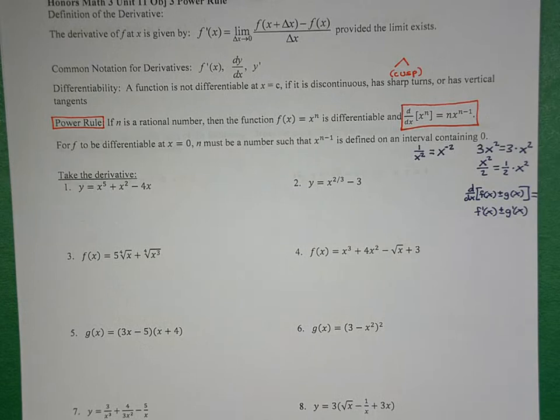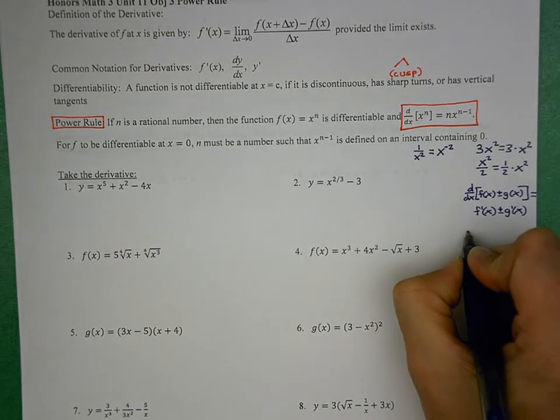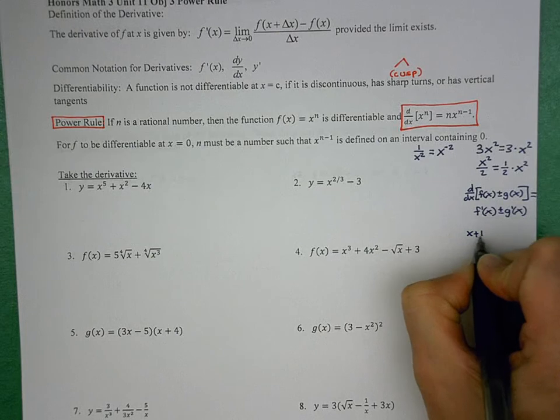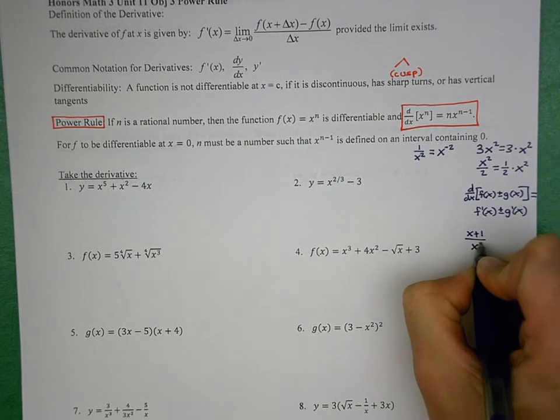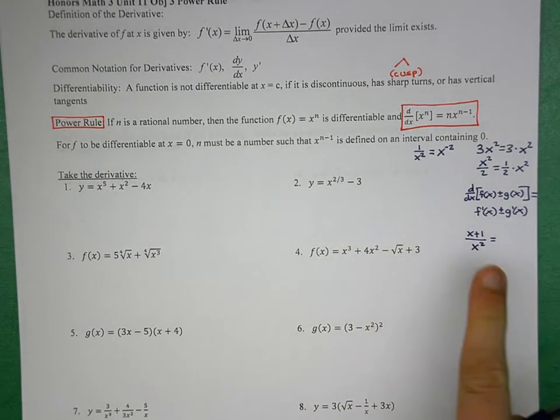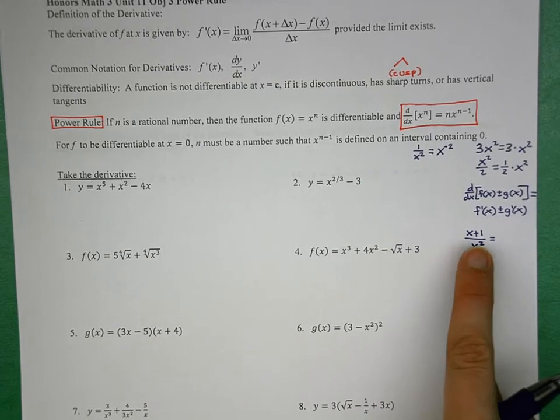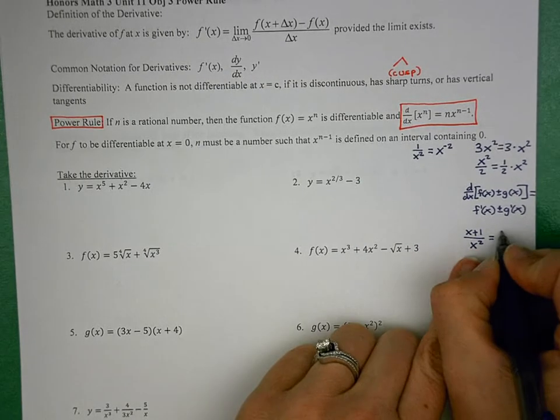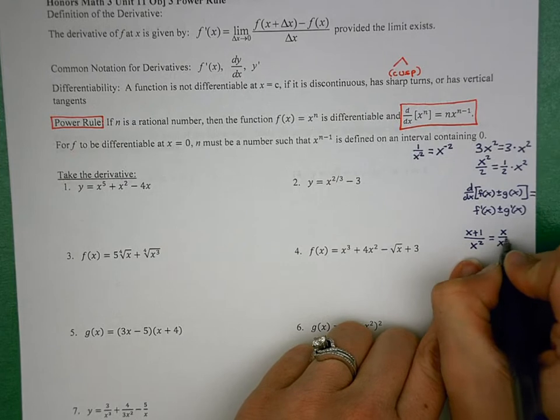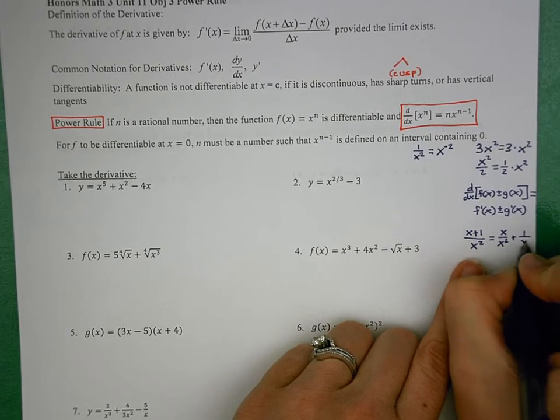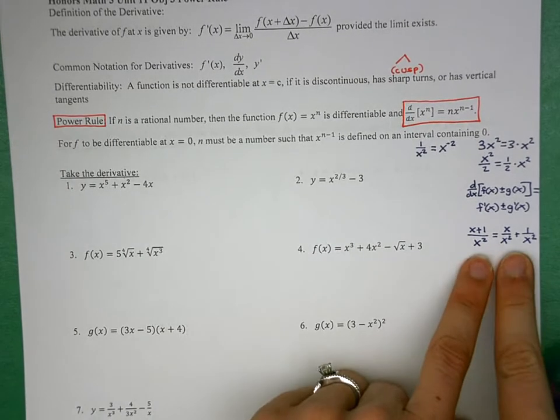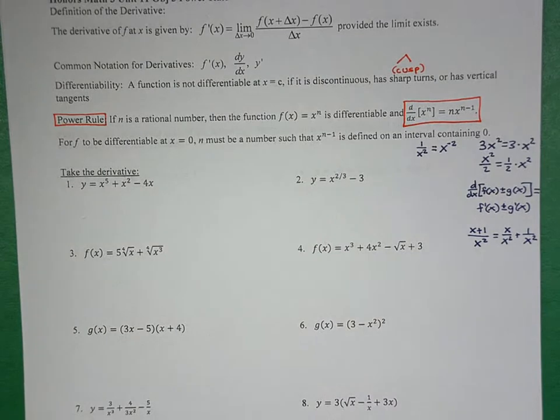So multiplication, we're going to FOIL it out. Division, a reminder with division, we reviewed this last unit, or 2 units ago. I don't remember which, but with division, we can very quickly undo this by splitting the fraction, right? Because they have a common denominator. And so we can rewrite it like this, and this will allow us to eventually use power rule.